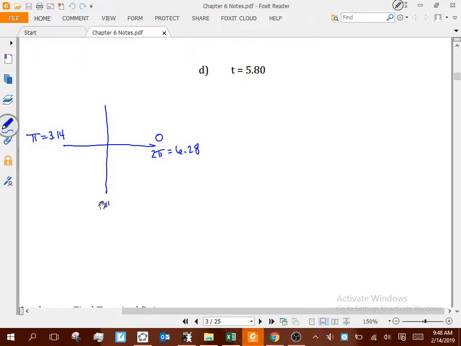This would be 3 pi over 2, which if you calculate that, is approximately 4.7. Hopefully that then opens your eyes to where 5.8 needs to reside on the unit circle. 5.8 would stop probably maybe about right there, wouldn't it? Does that make sense to everybody?